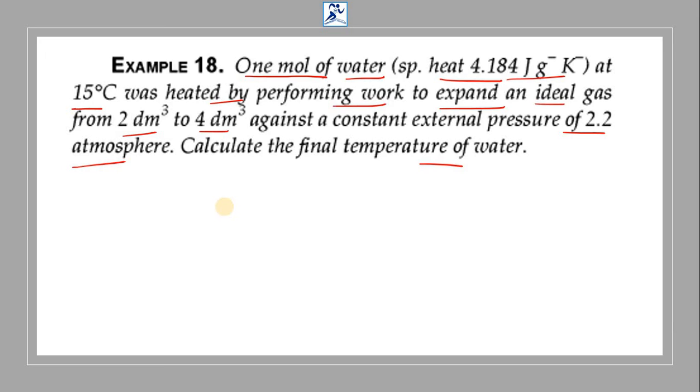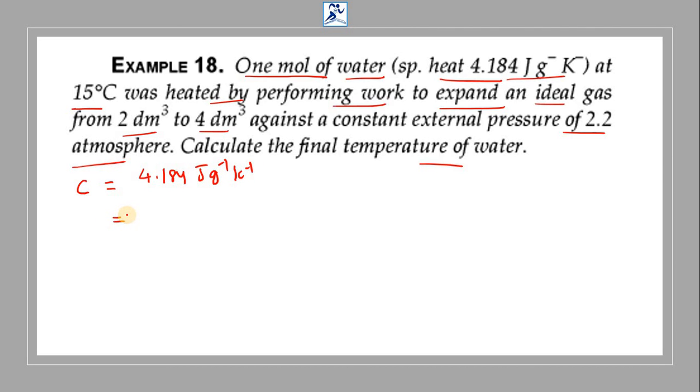One thing is very clear for us: the specific heat given is 4.184, that is specific heat C is equal to 4.184 joule per gram per Kelvin.